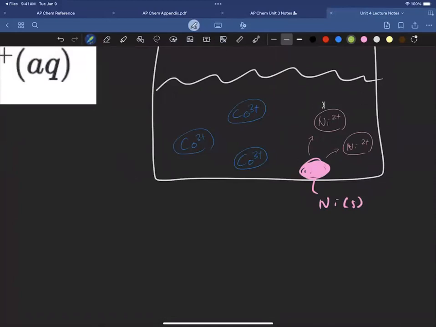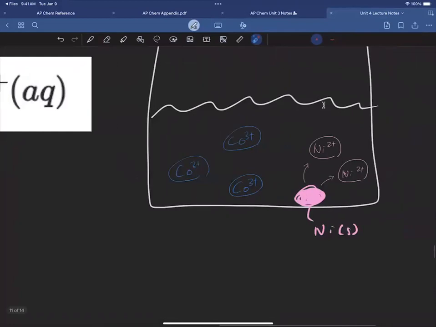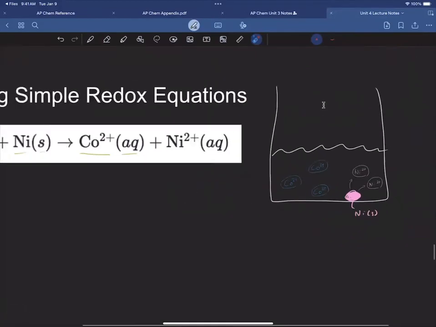It somehow reacts with cobalt, and then nickel becomes an aqueous ion, Ni2+, basically.